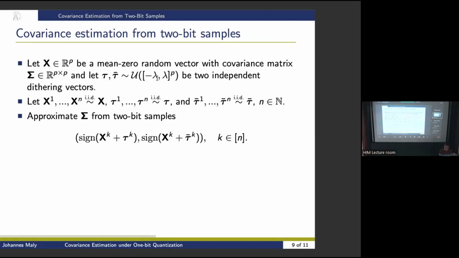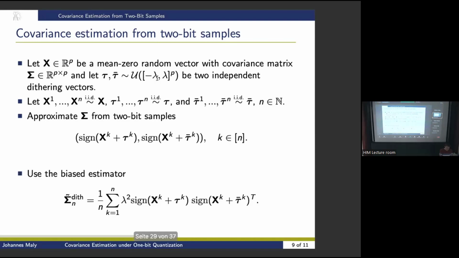What do we do in this case? We use an estimator that is much closer to the sample covariance matrix. Basically, we have an asymmetric estimator that takes the outer product of those 2-bit samples, one on each side, and takes the average. The only important thing is that we need to scale here with the dithering parameter lambda.